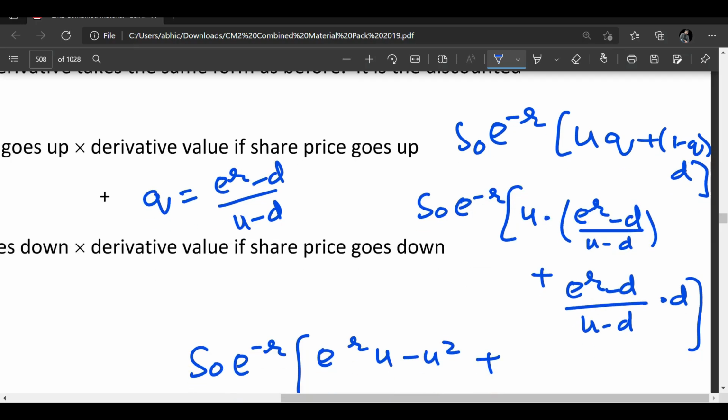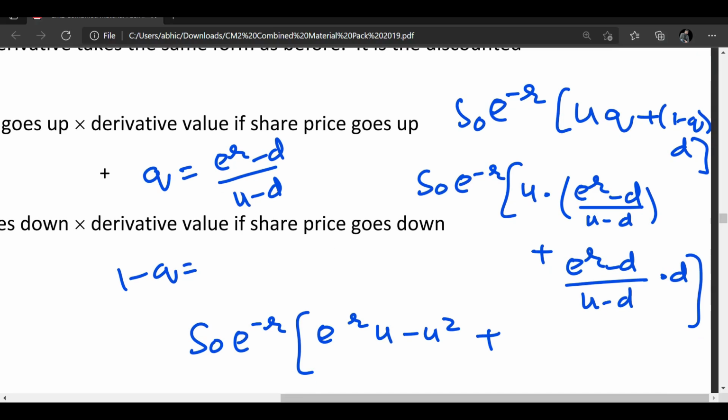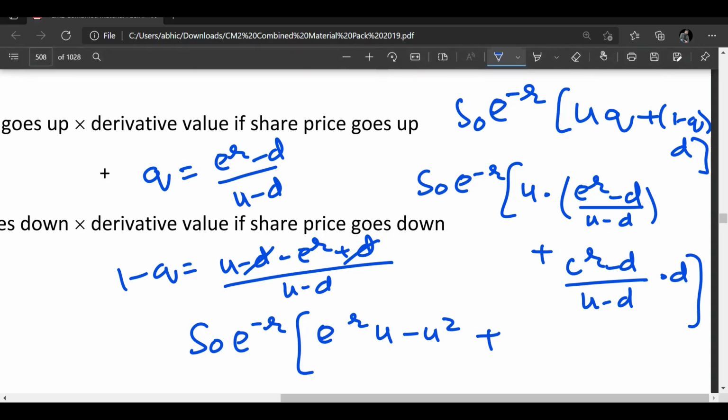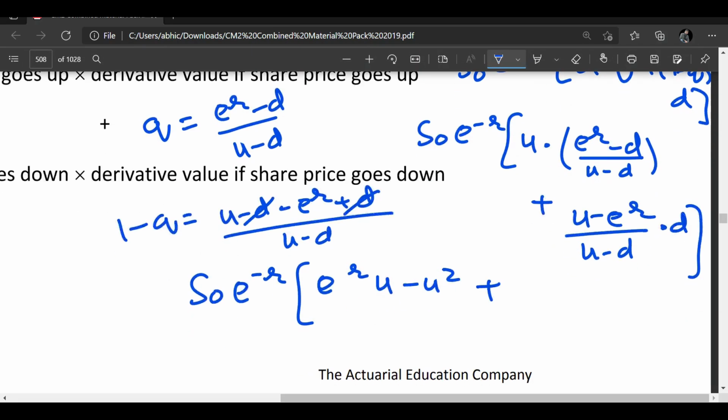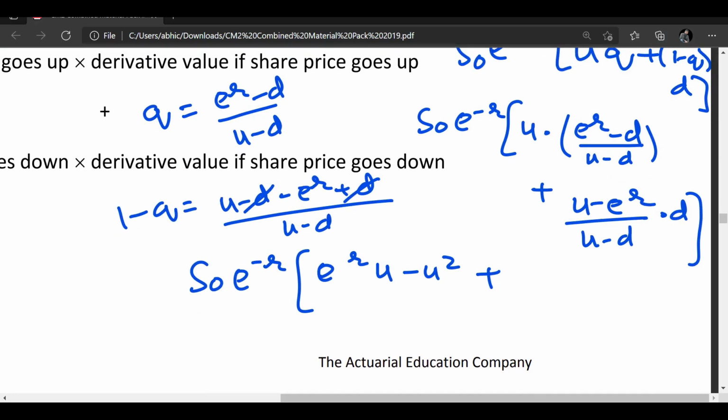So what will be 1 minus this? 1 minus q will be equal to u minus d minus e to the power of r plus d, divided by u minus d. Yeah, so it will be u minus e to the power of r divided by u minus d. Yeah, this is what it will be, right?